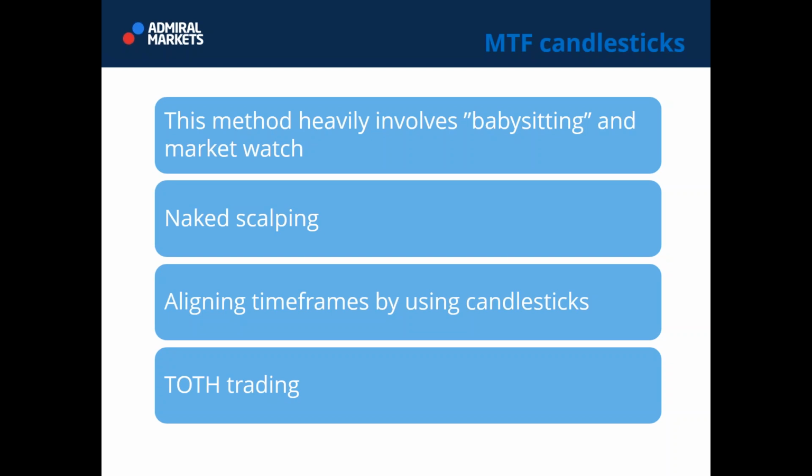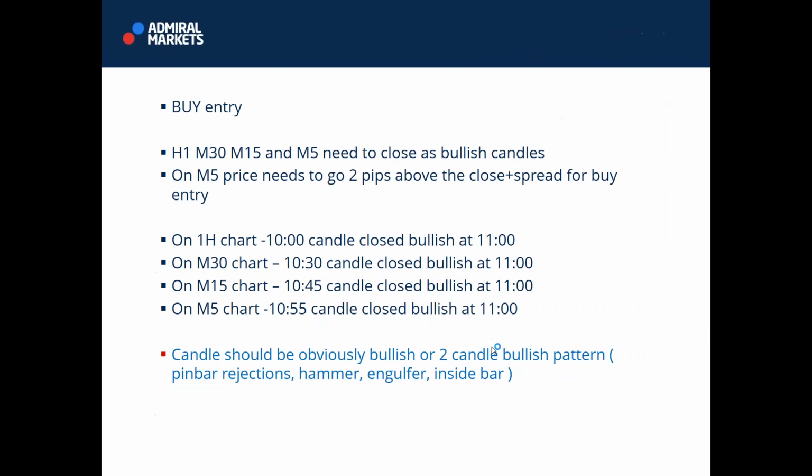Okay? So this method is actually very, very simple. H1, M30, M15, and M5 need to close as bullish candles. This is for buy entries, of course. For sell entries, it's just vice versa. Now, on 5 minute, the price needs to go 2 pips above the close plus spread for buy entry.